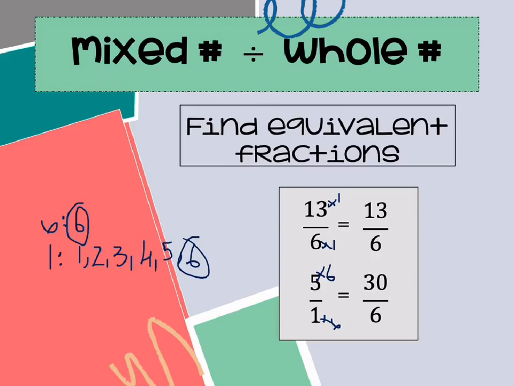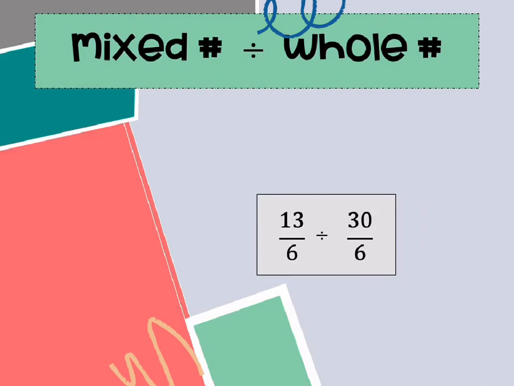After we're done finding equivalent fractions, what do we now do? If you say that we take our new fractions and divide them, you are correct. So we take 13/6, divide that by 30/6.